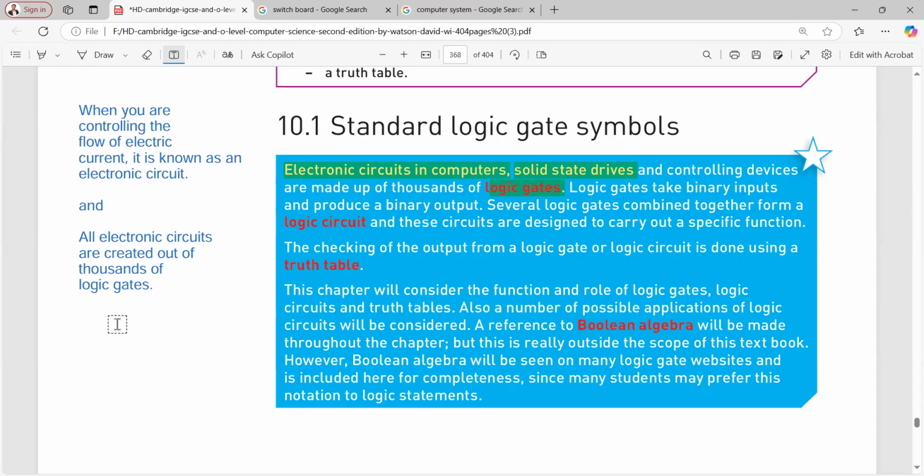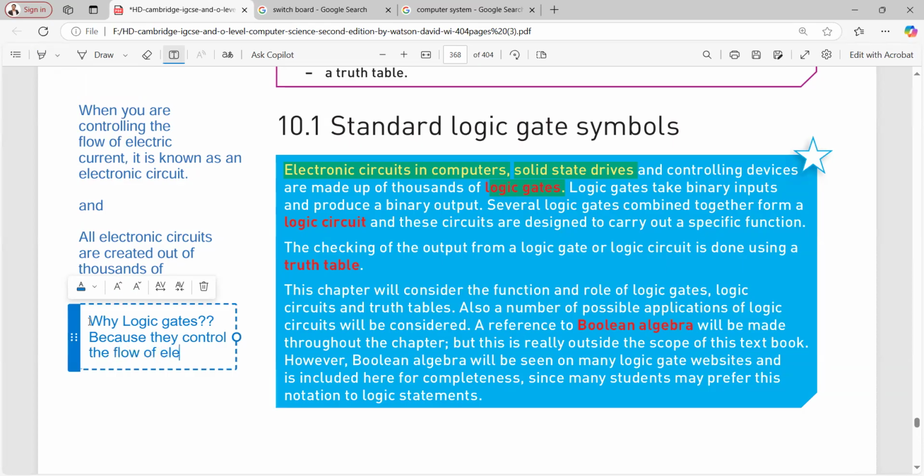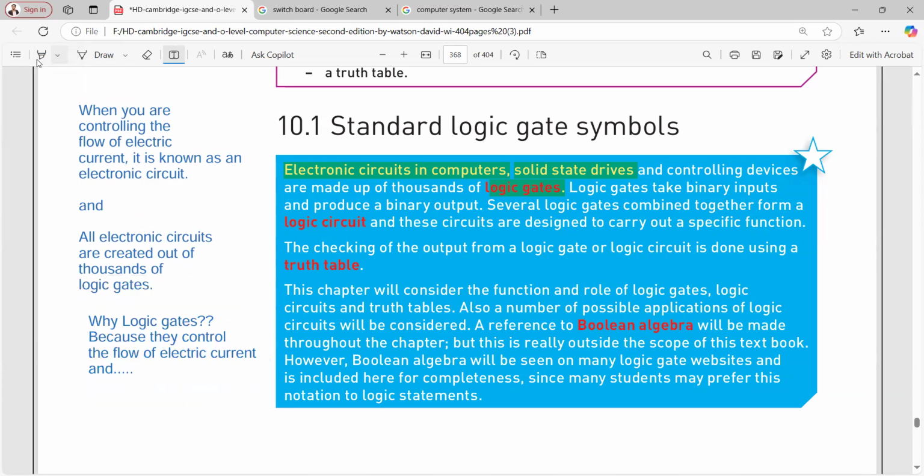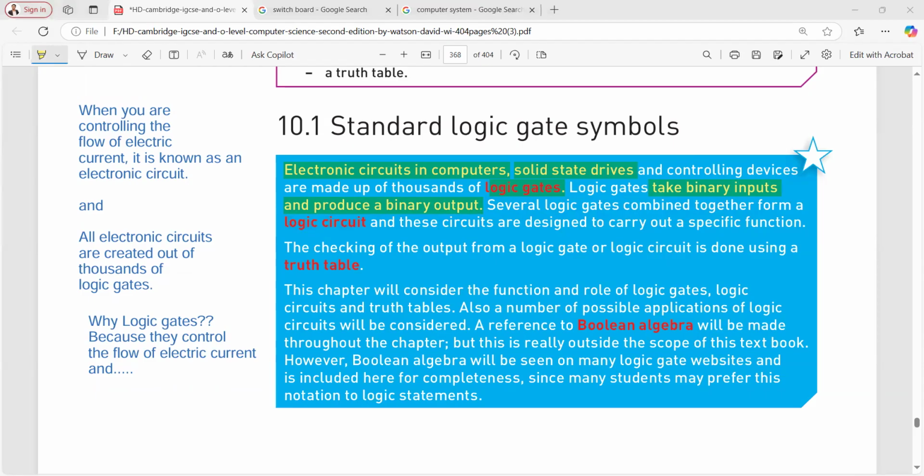No, sir. Now, why logic gates? Because they control the flow of electric current, and they control it this way. They take binary input and produce a binary output, which means they take some values as input, and in return they generate a specific output.